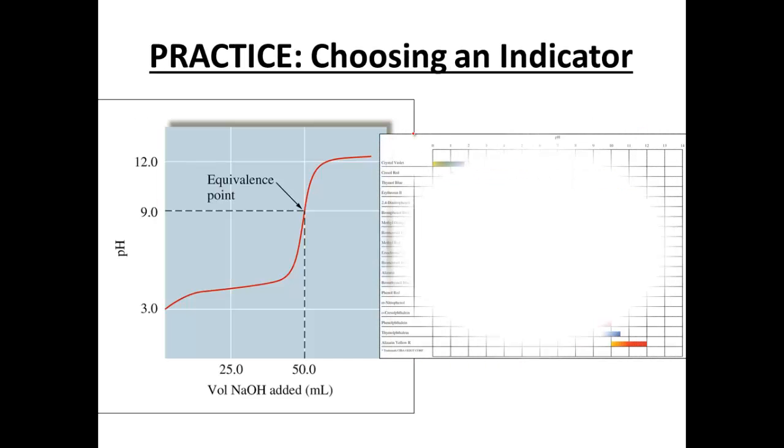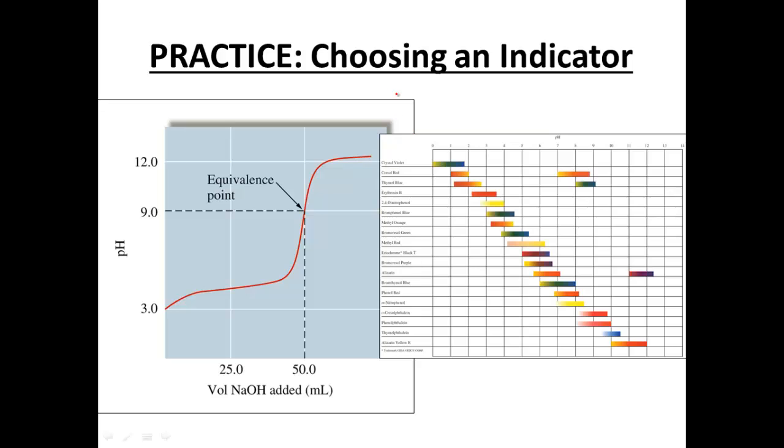Here we have our equivalence point for a titration, and this looks like a weak acid titrated by a strong base. Here's your titrant, and you can tell because you started acidic, and it's got this little weird initial increase and then levels off. That's one of the characteristics of a weak acid titration. Now the equivalence point here is the midpoint of the rapid increase region, and it looks like we're at a pH of 9.